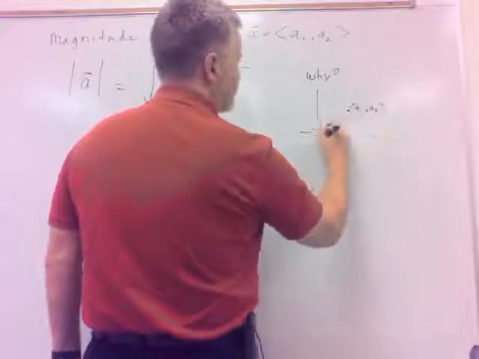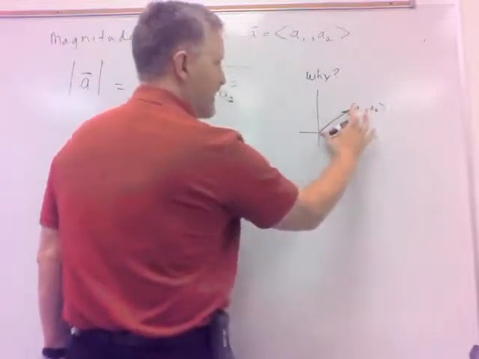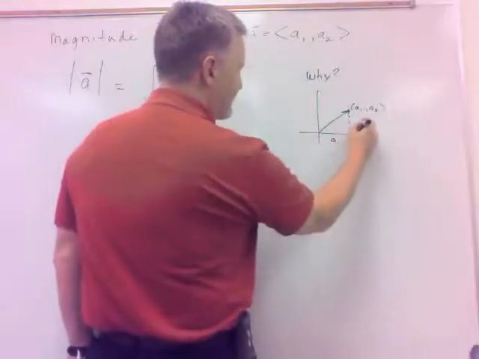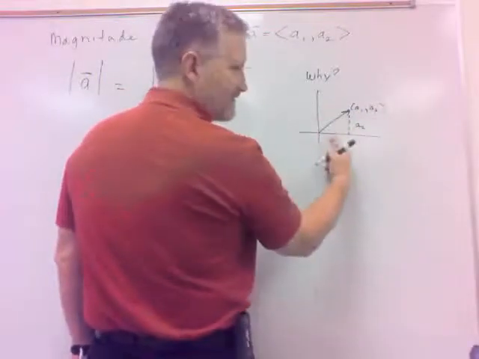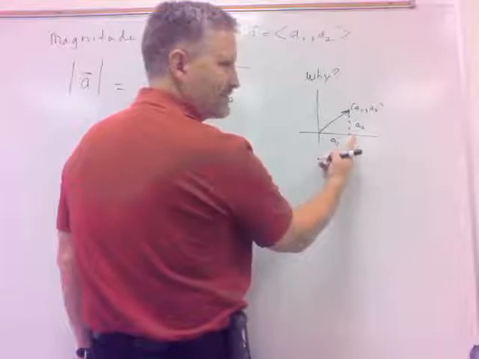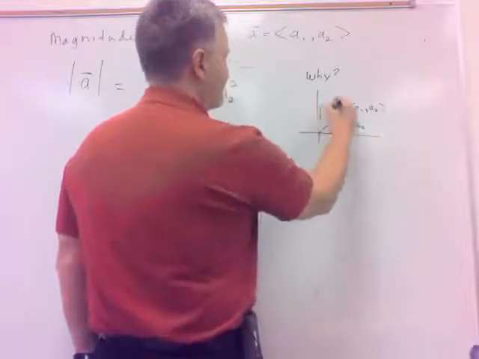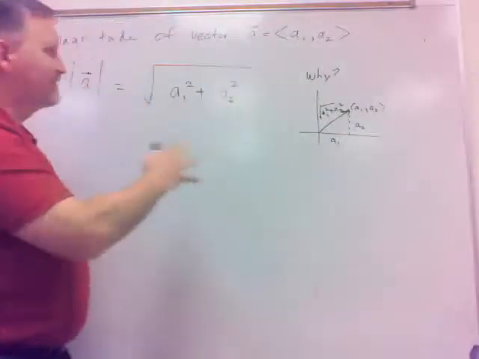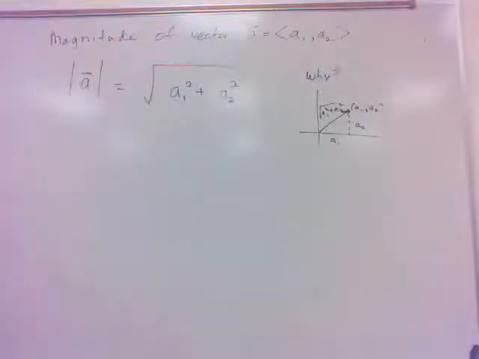So that's my point. The vector then is that. So that length, if you look at it as a right triangle, that's a1, that's a2, and so that's the square root of those two squares combined, right? So it's really that easy. Nothing more to it.